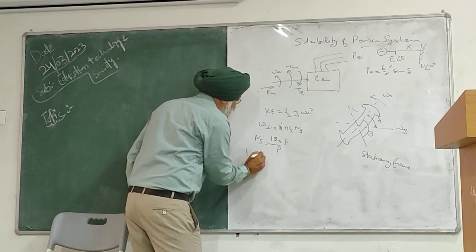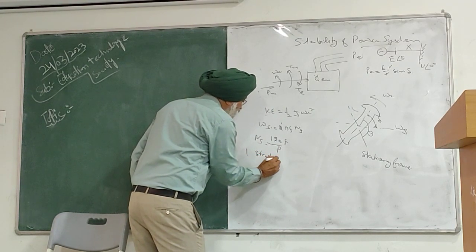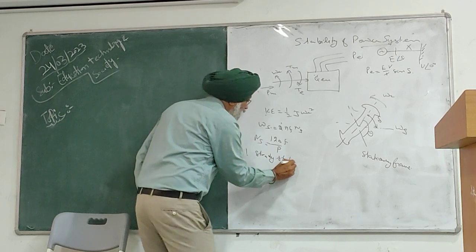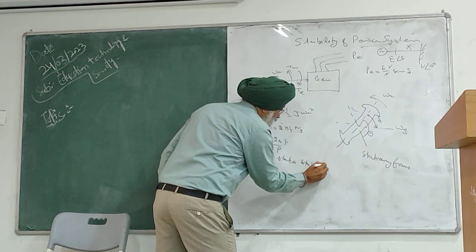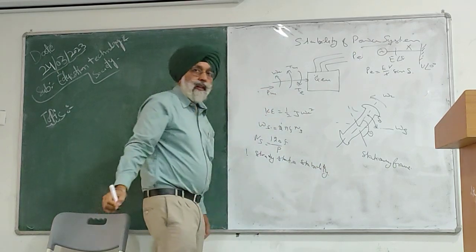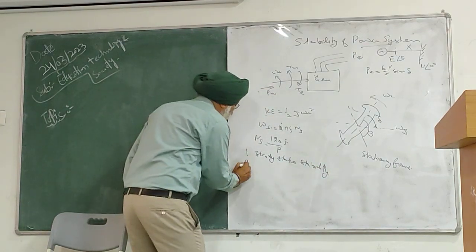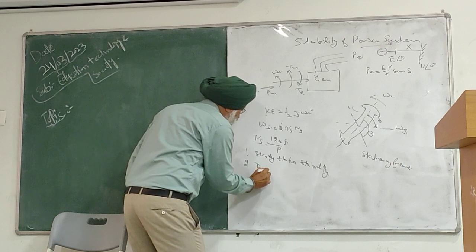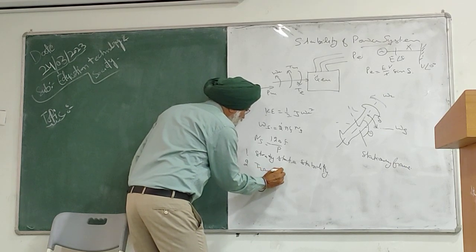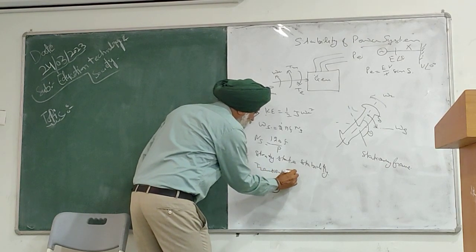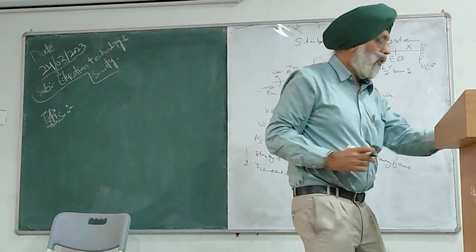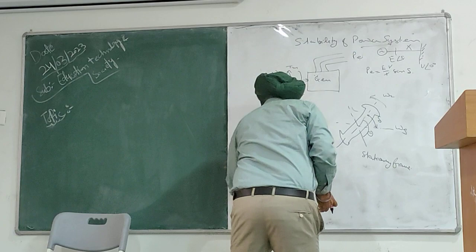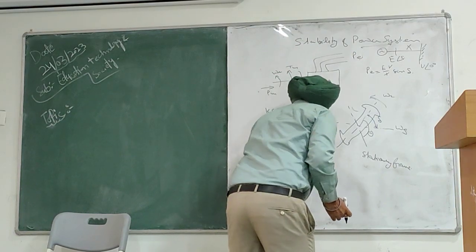First is the steady state stability. Second one is the transient stability. Sorry, before we discuss it, we have different types of stability.